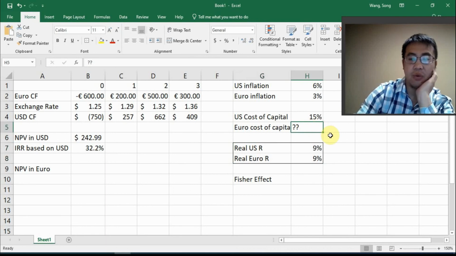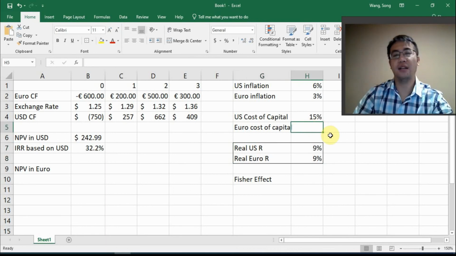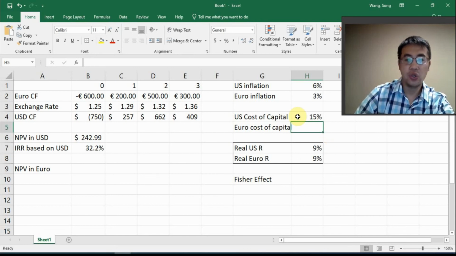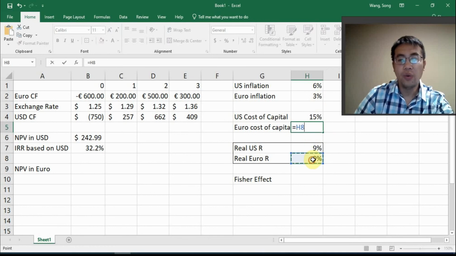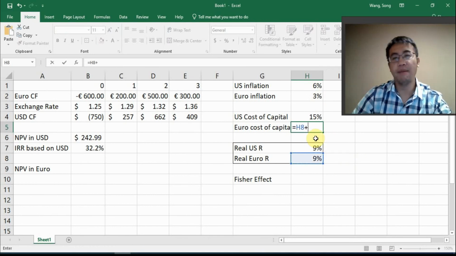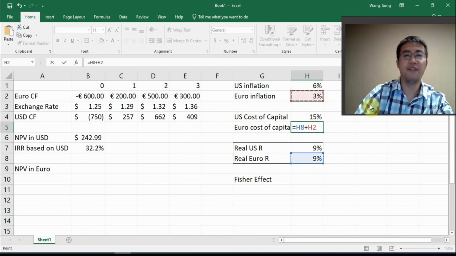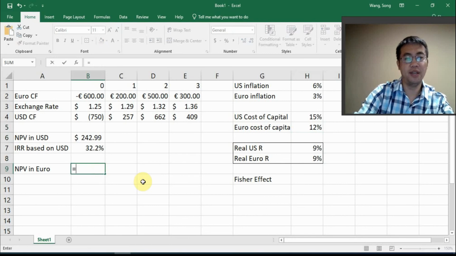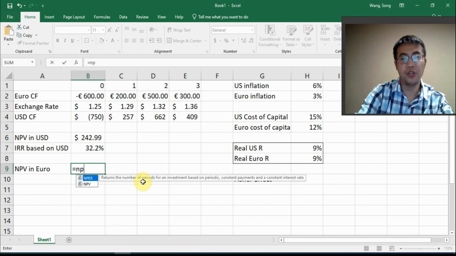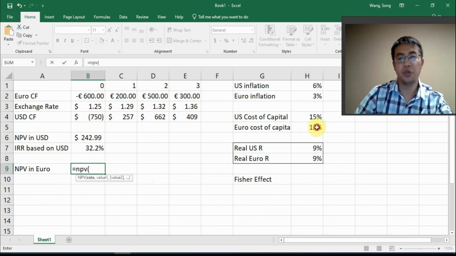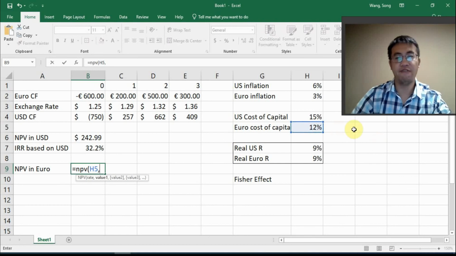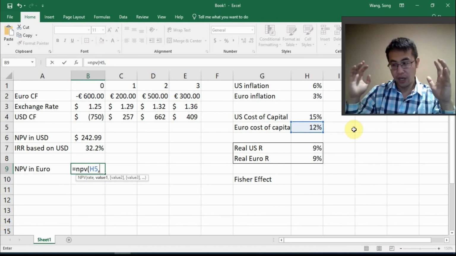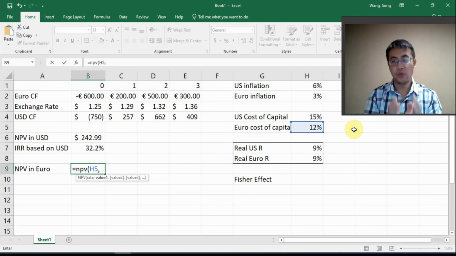With that being said, we can easily calculate the cost of capital in the Eurozone in nominal terms. It should be the euro real cost of capital plus the euro inflation. This is the nominal term. Alrighty, if we calculate the NPV, we should use the European rate, which is this 12%, based on the Fisher effect we developed. We are assuming the real returns of the two countries are the same.